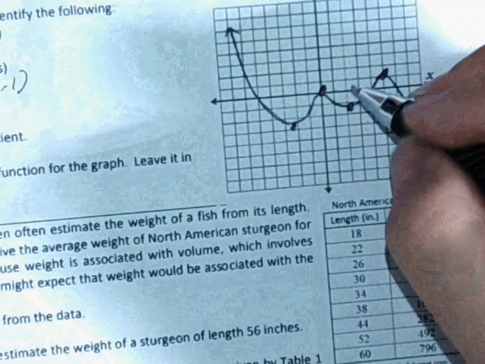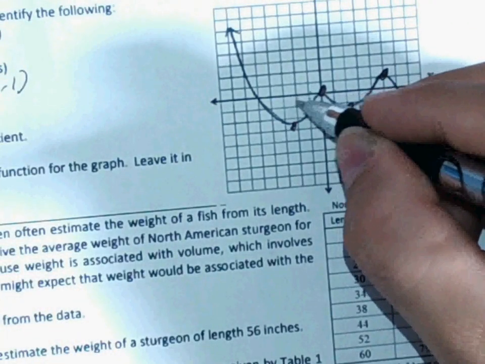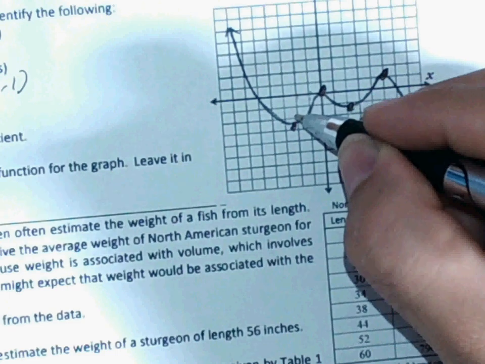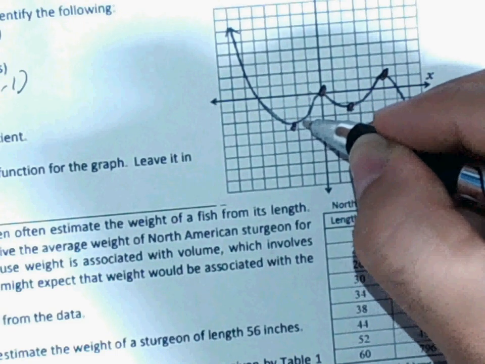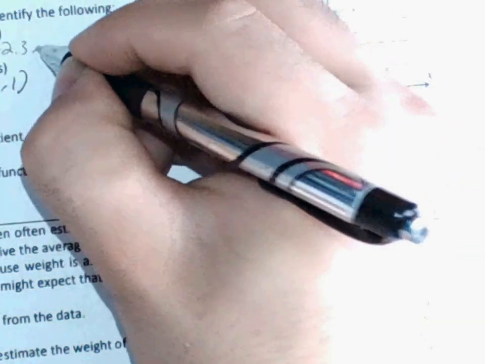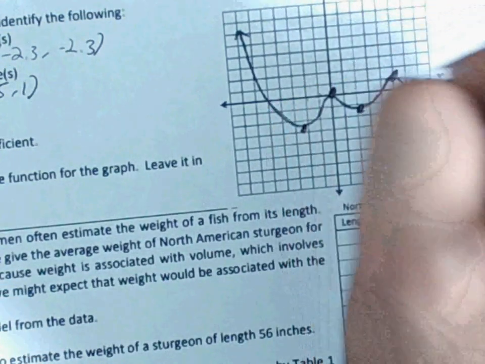And we also have a local min at about 2.3, and also negative 2.3. And that's just guesstimating looking at the points on the graph.